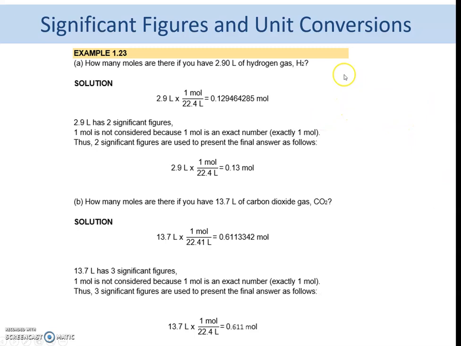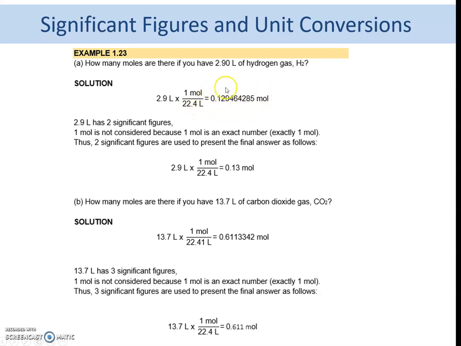So let's look into significant figures and unit conversion. Example here: how many moles are there if you have 2.90 liters of hydrogen gas, H2? So the solution here is 2.90 liters multiplied by 1 mole over 22.4 liters.